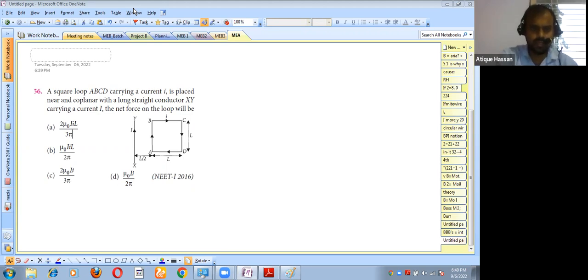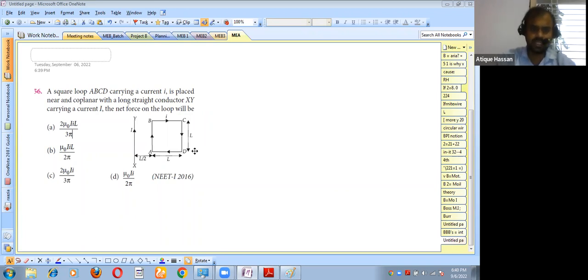Are you doing this question number 56? Coplanar means in the same plane, like in the XY plane.